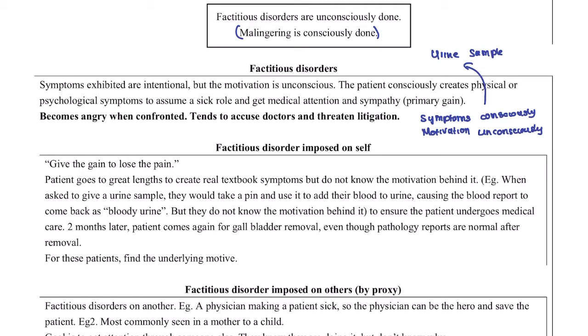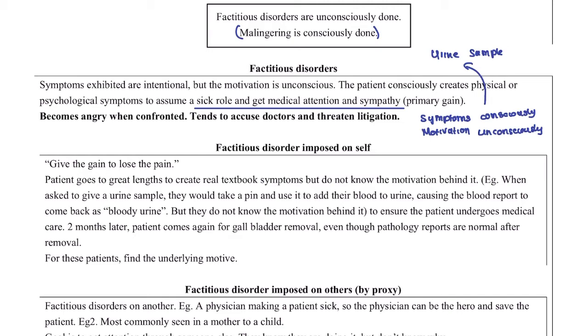These are very common case studies. They would eat glass to induce bloody stool. So the reason why they do it, they don't know. There's some sort of a primary gain. The brain needs that for some sort of a primary gain. It's usually manifested as medical attention and sympathy.